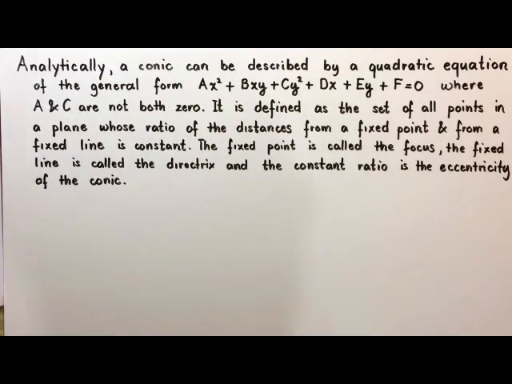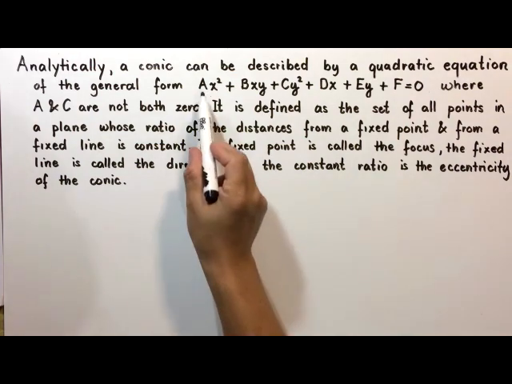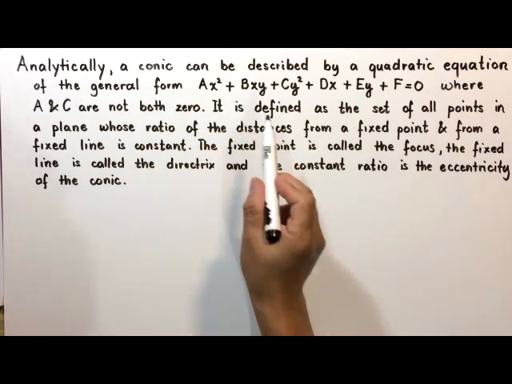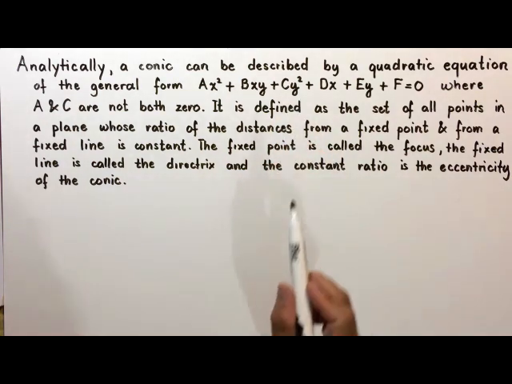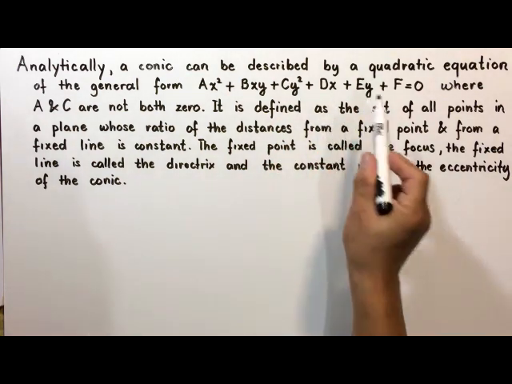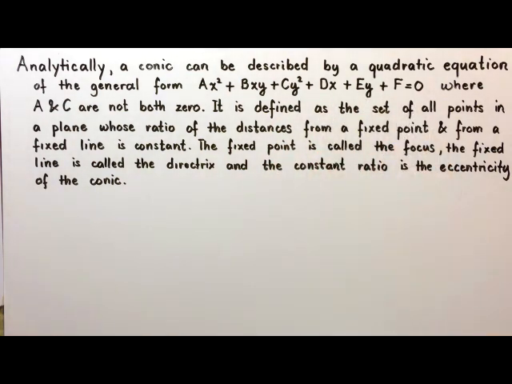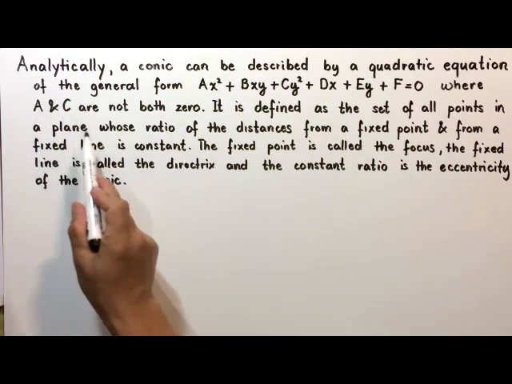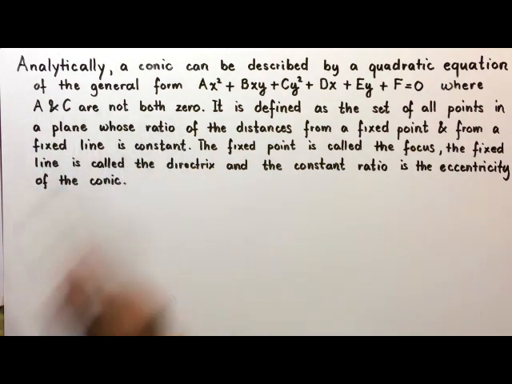So analytically, a conic can be described by a quadratic equation of the general form ax squared plus bxy plus cy squared plus dx plus ey plus f is equal to 0, where a and c are not both 0.